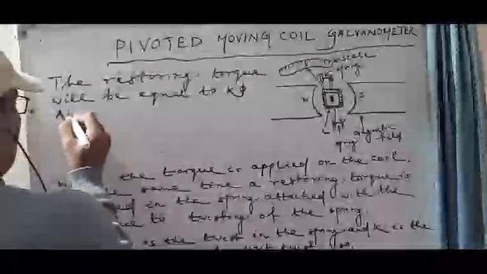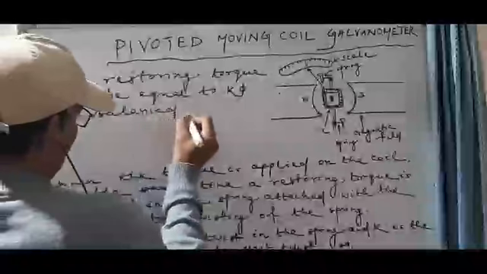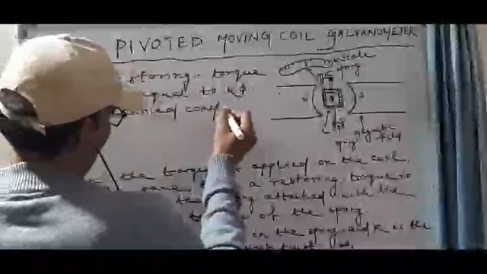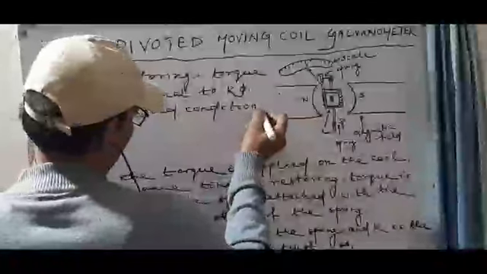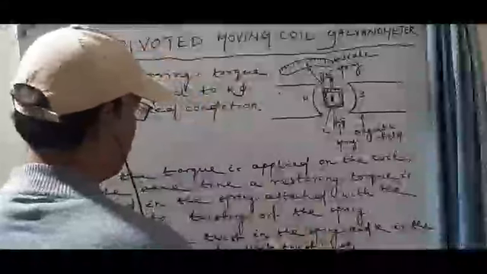At balanced condition, what does balanced condition mean? When the restoring torque and applied torque are equal to each other, then the pointer will stop. Okay.